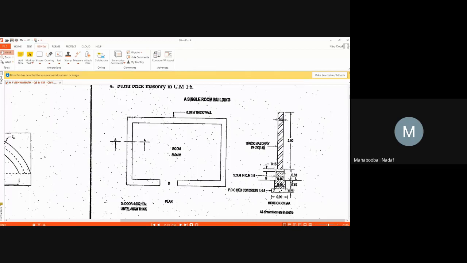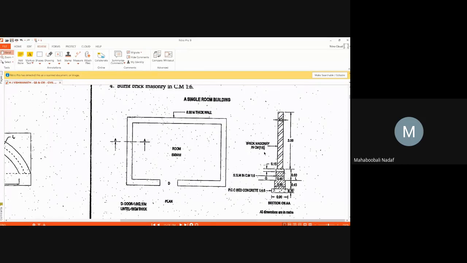What is this small rectangle? It is called a DPC. DPC generally is 0.15 meter, 150 mm. Above that, there is a hatching, which is called the brick masonry in CM 1:6. What do you mean by CM? Cement mortar of proportion 1:6.